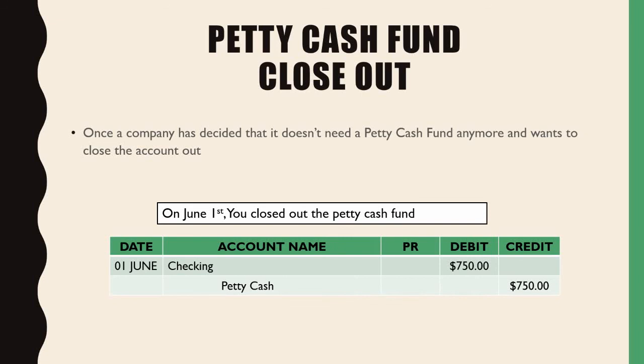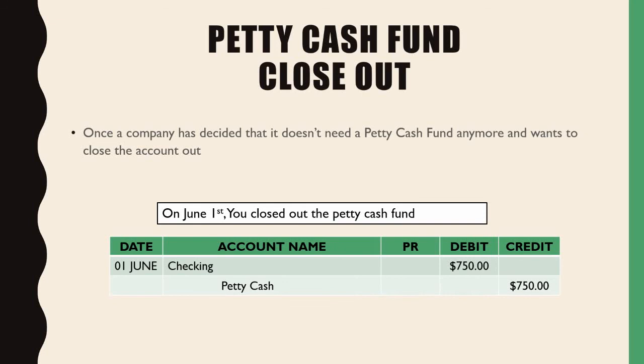If you're going to close it out completely, you're going to zero out the account by writing out how much the balance should be in your petty cash drawer. Because I established it at 500 and increased it by 250, I have to close it out at 750.